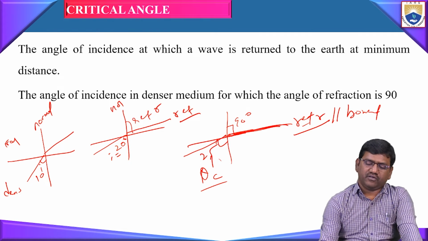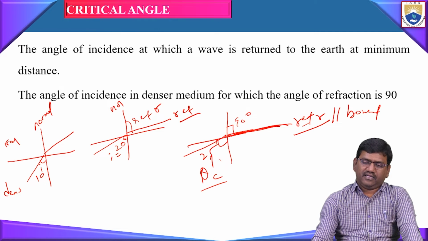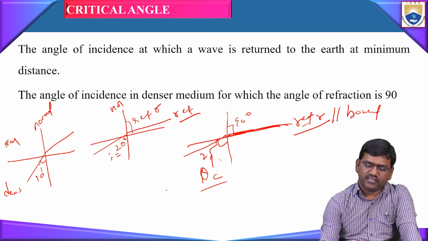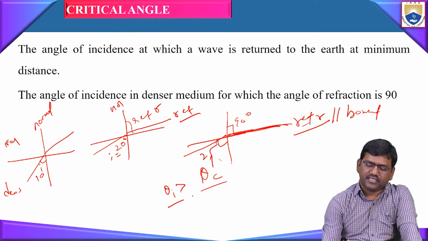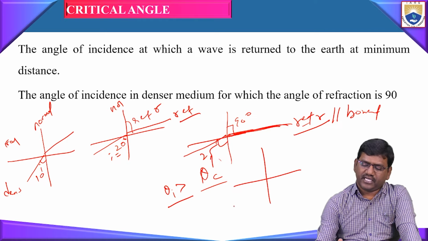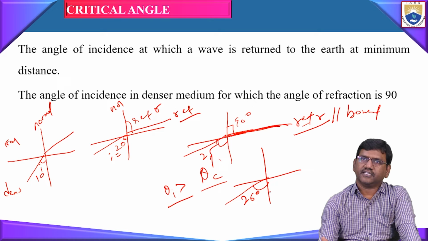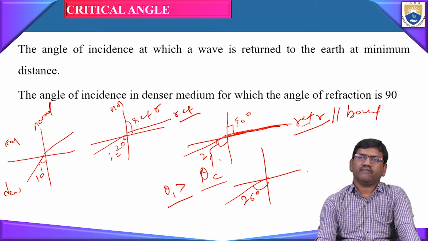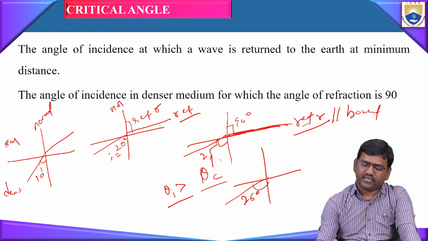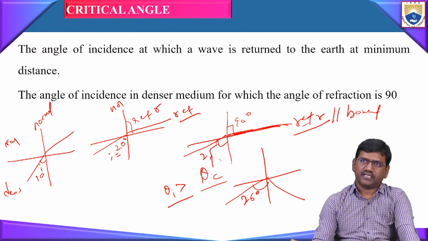So whenever we are going to transmit, reflection will happen only when theta is greater than theta c. That means the reflection will occur if we transmit a signal at greater than 25 degrees. So we are transmitting from 26 degrees here. If we transmit the signal with an angle of 26 degrees, the ray will be reflected towards the receiving antenna like this.